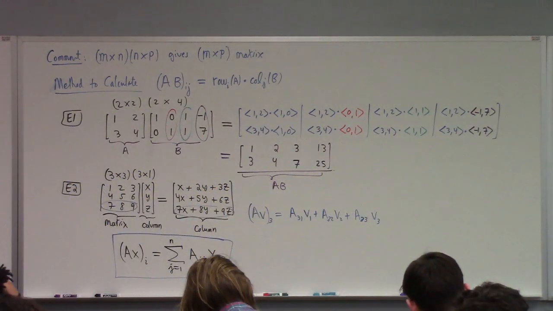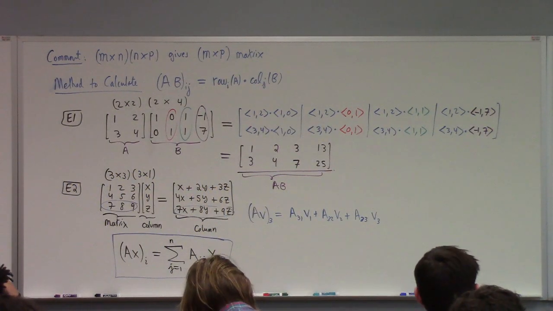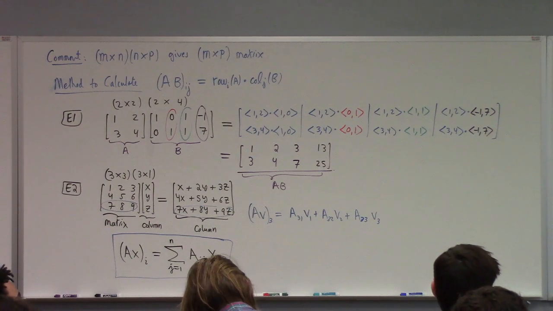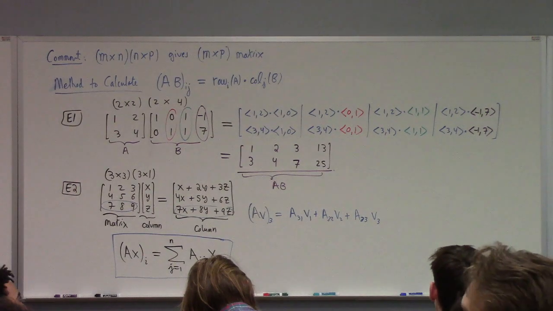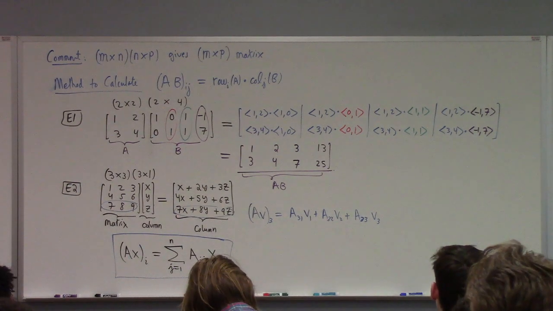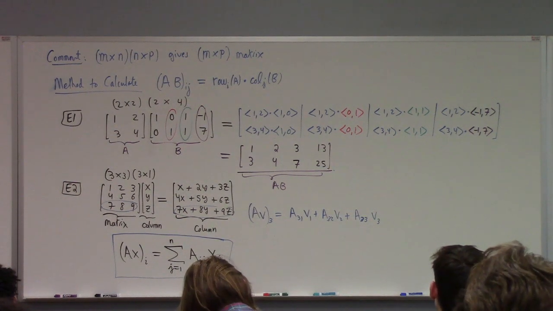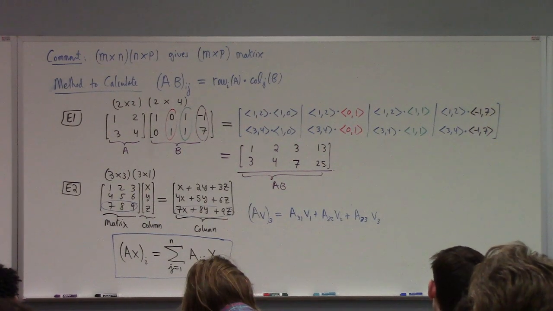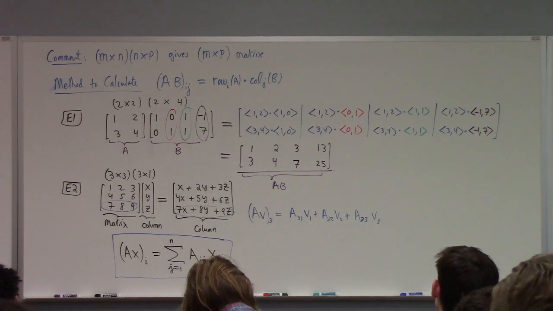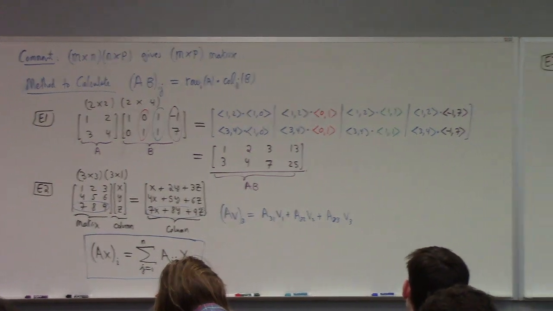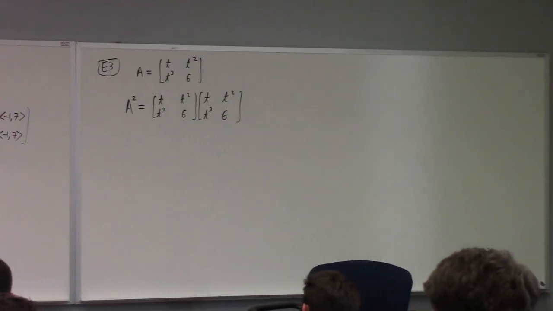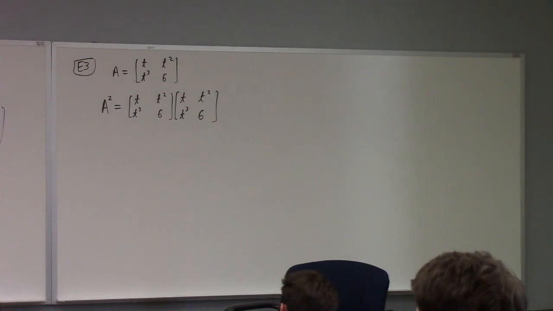Quick question. Concerning my example 1, I calculated AB. Could we even calculate BA? Think about it. B times A would be a what? We would be trying to calculate a 2 by 4 times a 2 by 2. That we have not defined. That would be what's called a dimension mismatch if you put it into a TI calculator or something.